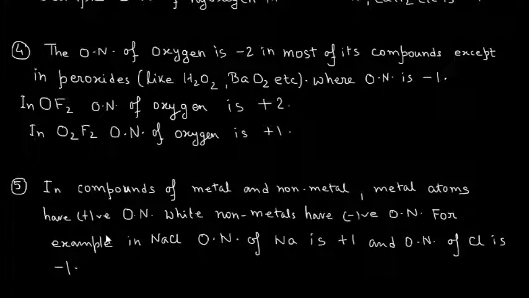So in NaCl, the oxidation number of sodium is +1 because it is a metal, and chlorine is a non-metal, so it has a negative oxidation number, that is -1.